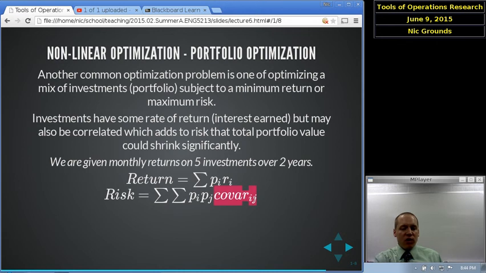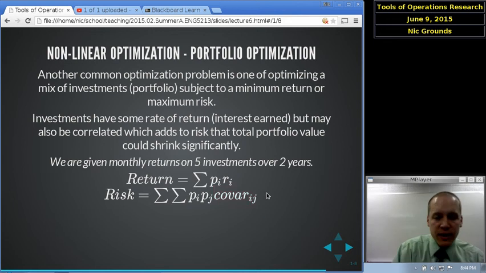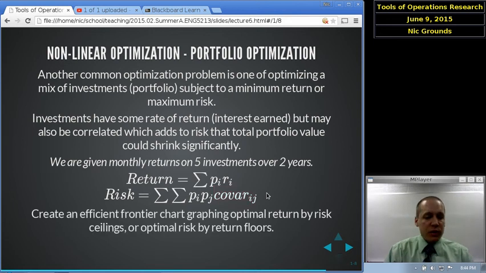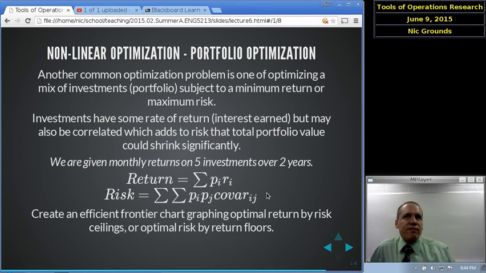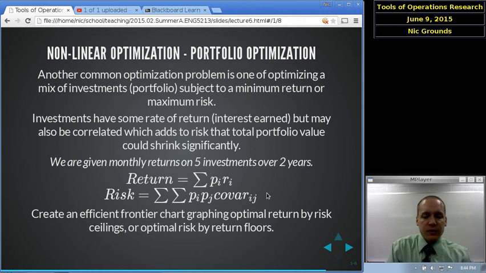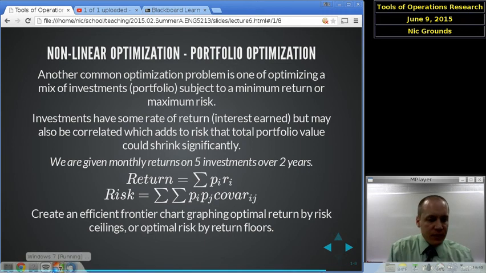So how related are I and J, those 2 investments, to one another? Those are the things we're going to compute. And then finally, we're going to look at a chart, a graphical representation that shows us the best risk, lowest risk for each return, or highest return for some values of risk. So let's look at that.